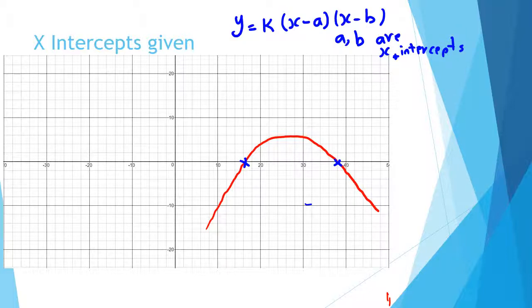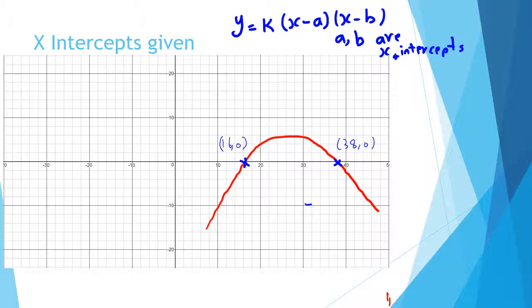Okay, now we're going to first find the x-intercepts. For this one here it is positive 16, 0, and this one here is 38, 0.